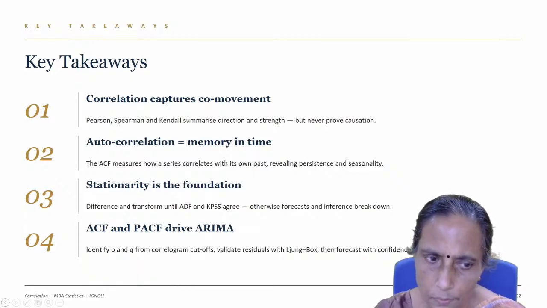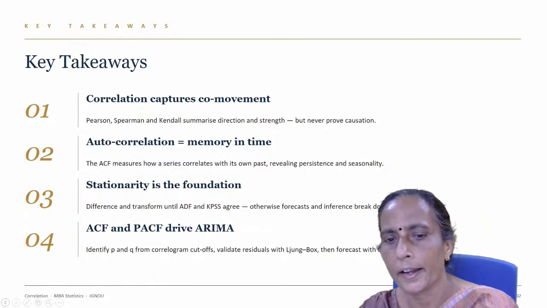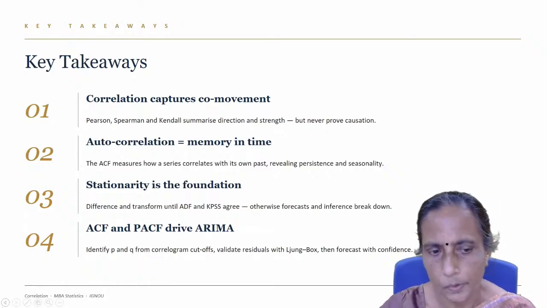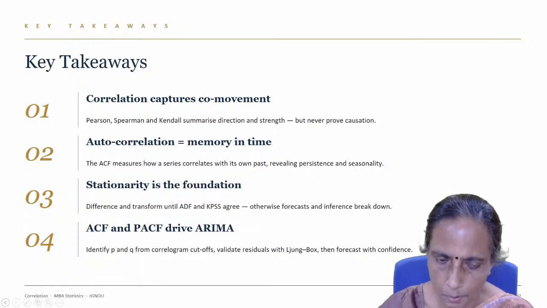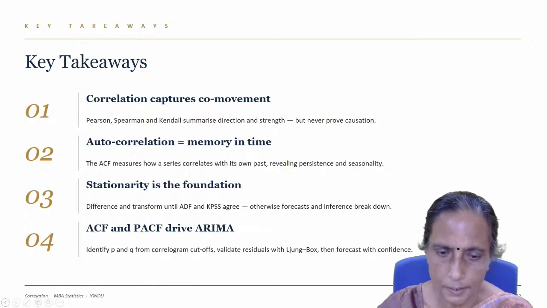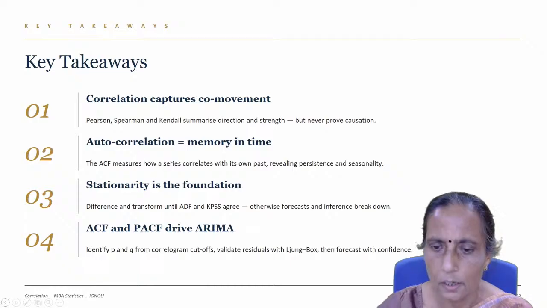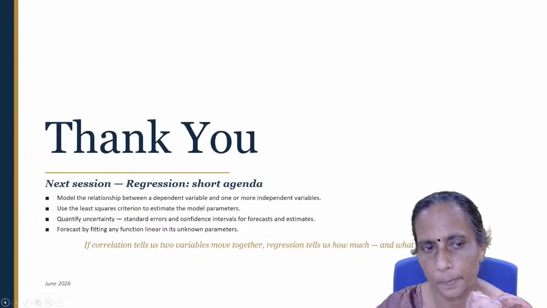Stationarity is the foundation: difference and transform until ADF and KPSS agree, otherwise forecasts and inference break down. ACF and PACF drive ARIMA. You identify p and q from your correlogram cutoffs, validate residuals with the Ljung-Box test, and then forecast with confidence.